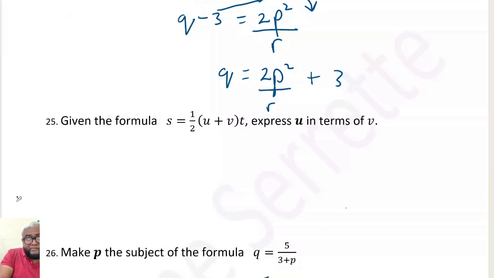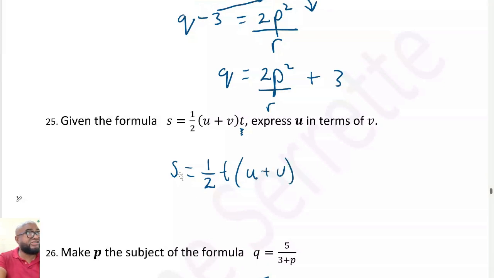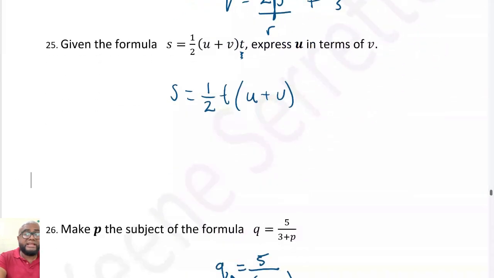So now we have S equals a half. Now something about this T in the back there I could do is I could actually put this T next to this 1/2. So it'd be a half T multiplied by U plus V, right? I edited the original equation to make it this, right? Now, I need to make U the subject.